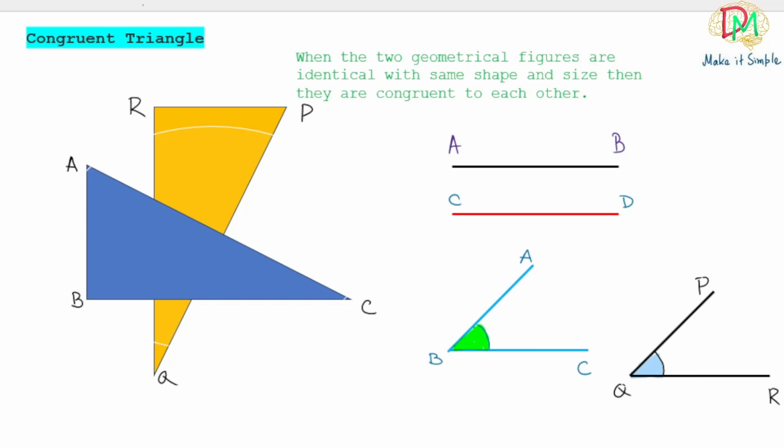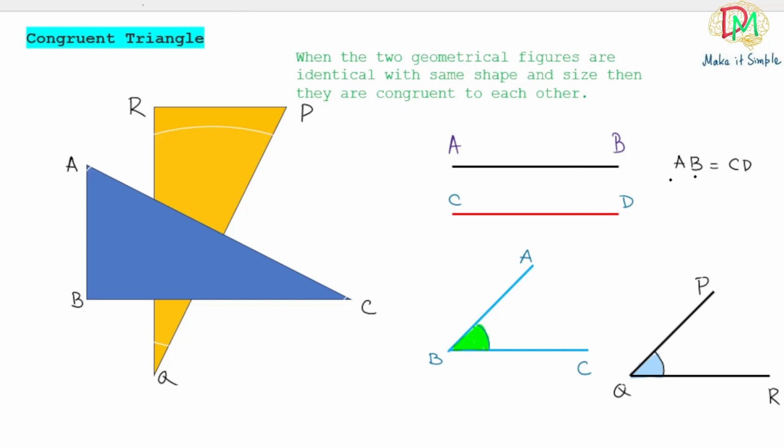Clear? When two geometrical figures are identical or congruent to each other, then the corresponding parts are also equal. What does that mean? For this line segment, we can say AB is equal to CD.